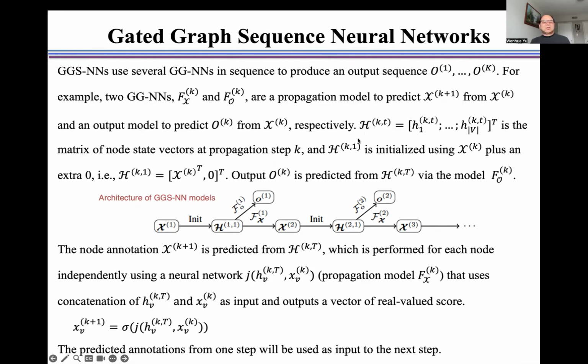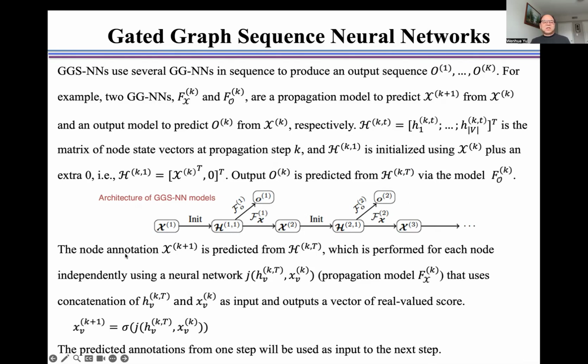H is a matrix of node state vectors at a propagation step k, and H k is initialized using xk plus actual 0. Output OK is predicted from H via the model Fo as shown here.